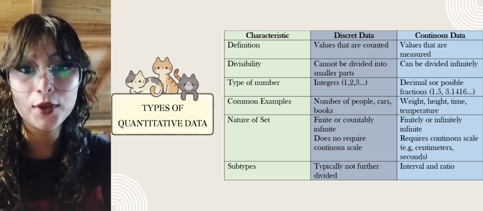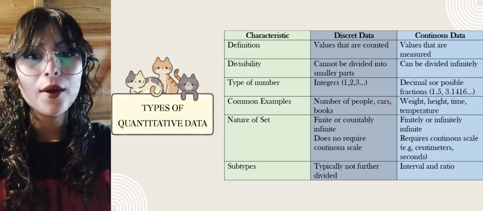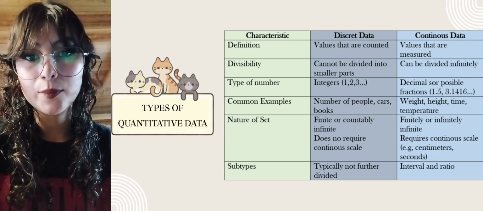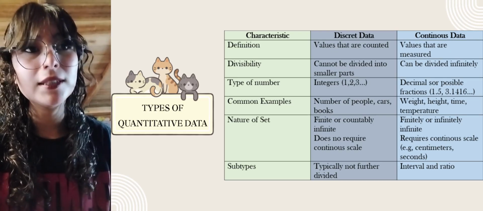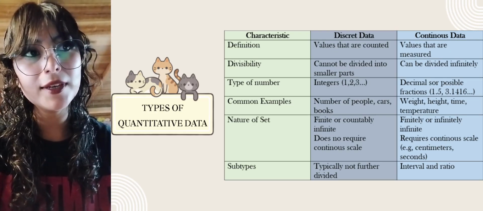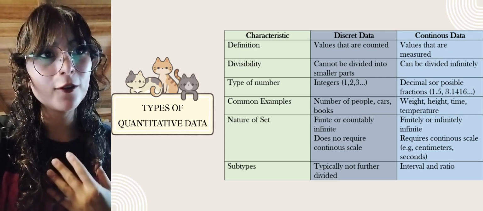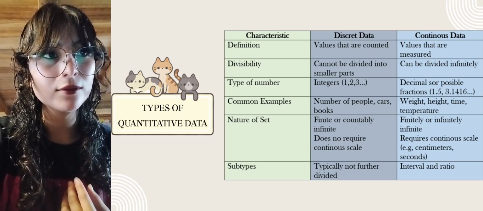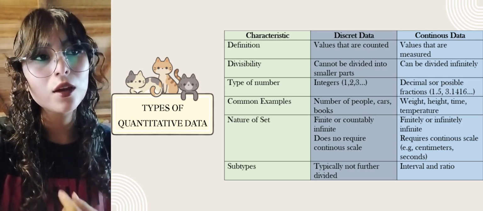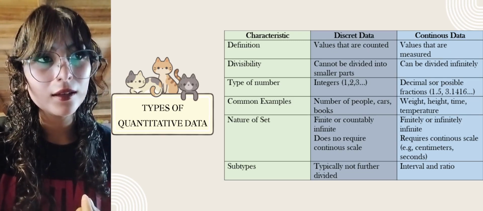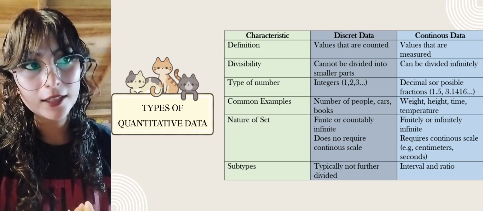Then we have continuous data, values that are measured. The divisibility: can be divided infinitely. Type of number: decimals, fractions, 1.5, 3.14, 16.